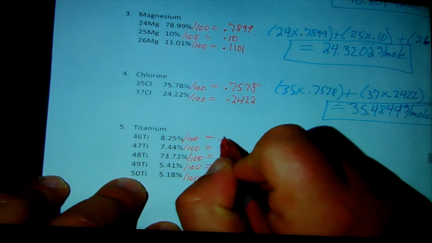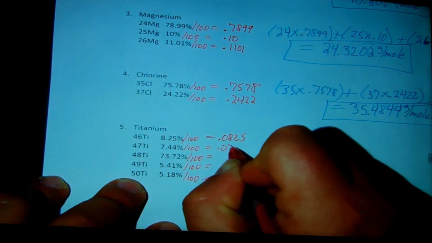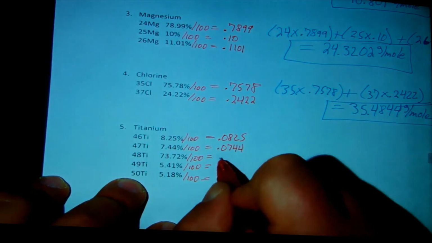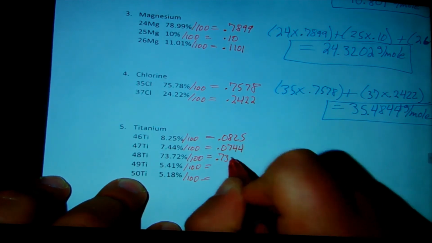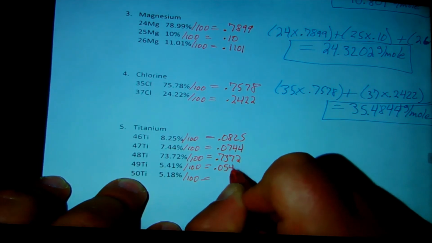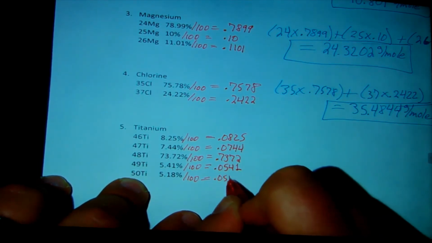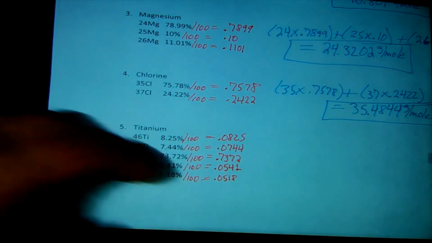So let's do 0.0825. This is 0.0744. 0.7372. This is 0.0541. This is 0.0518. Okay?